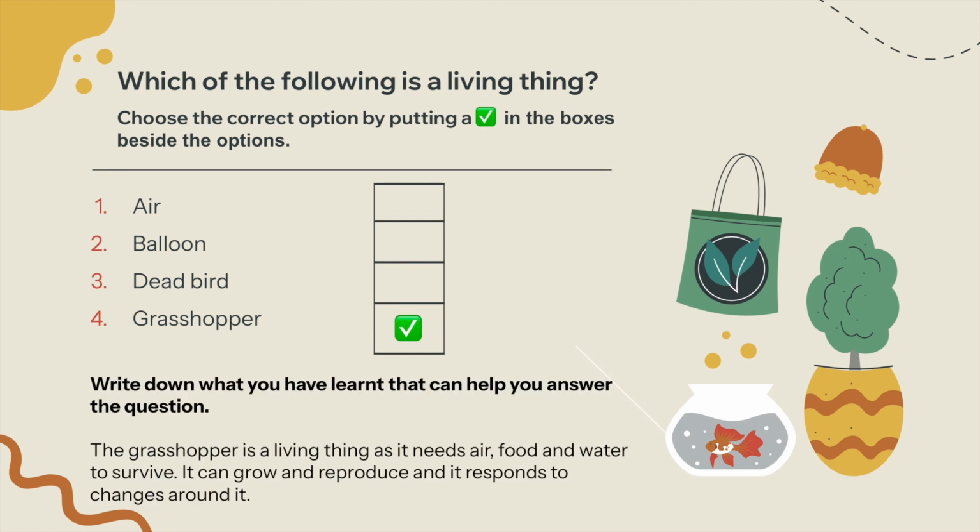Yes, the answer is grasshopper. Write down what you have learned that can help you answer the question. The grasshopper is a living thing as it needs air, food, and water to survive. It can grow and reproduce, and it responds to changes around it.